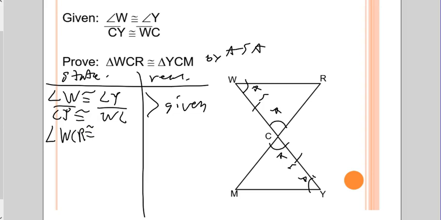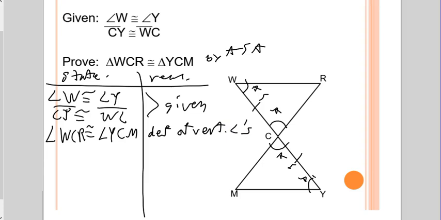But the order matters here. So if I'm starting at W, I have to start at the congruent angle on the other one, which is Y. And then CM. Now again, if I went RCW, then I would just say MCY. Okay? Now how do we know that? Definition of vertical angles.